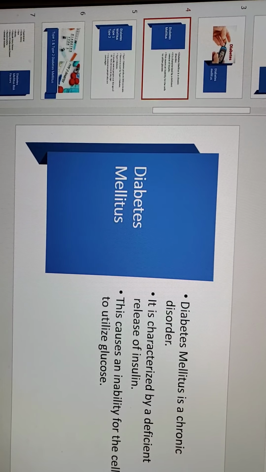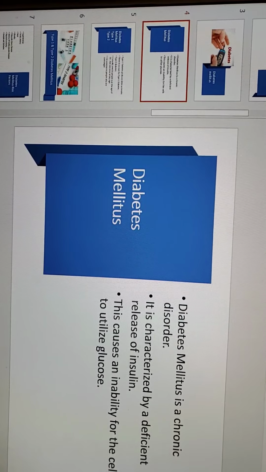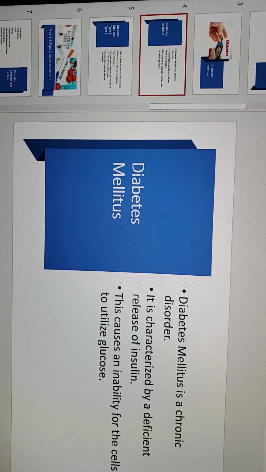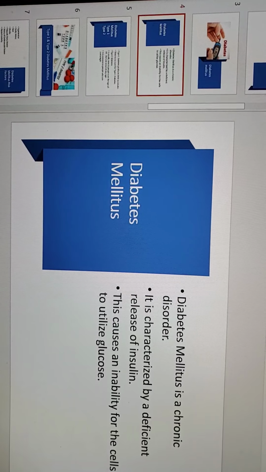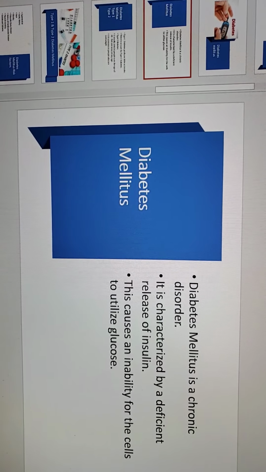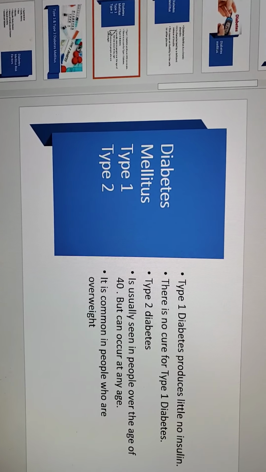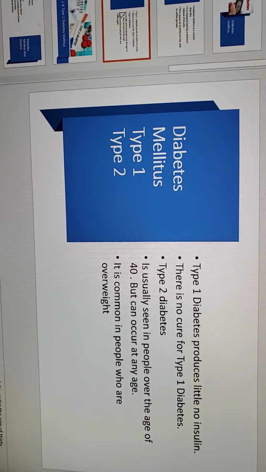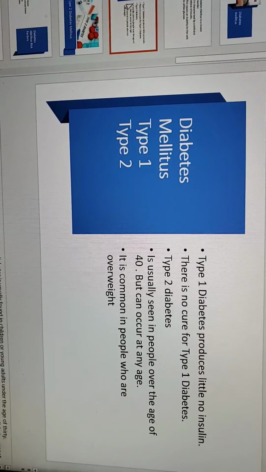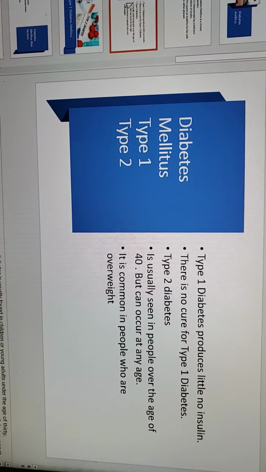This happens because the immune system destroys the cells in the pancreas that make the insulin. The end result is the pancreas stops making the insulin. Type 1 diabetes produces little to no insulin. There is no cure for type 1 diabetes.